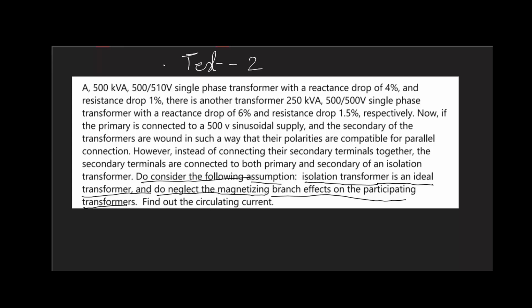Let me follow it step by step. Here, what is the value of our load admittance? I am going to apply this formula, where the secondary voltage V2 will be something like this.